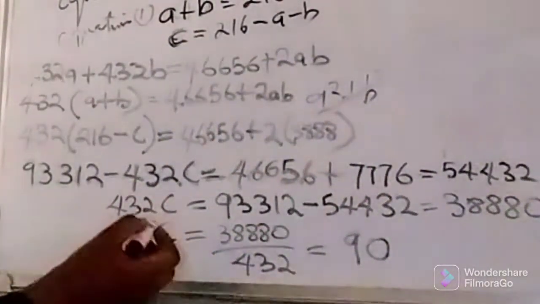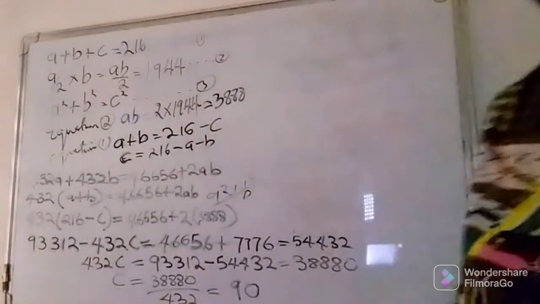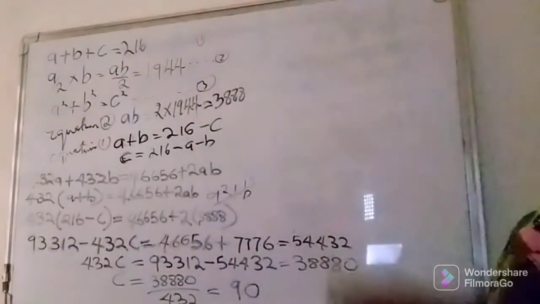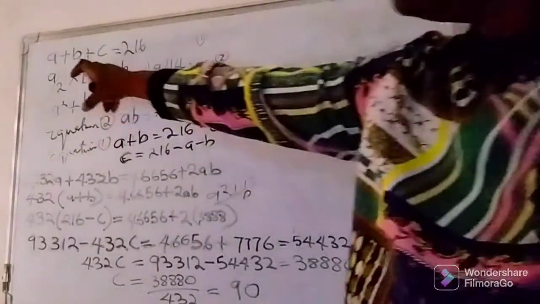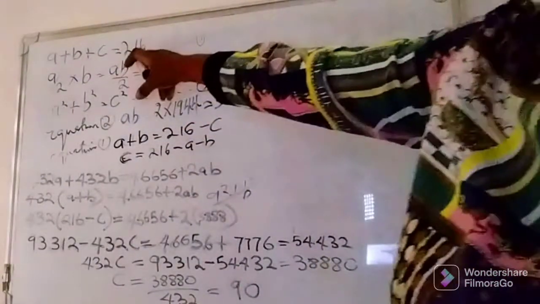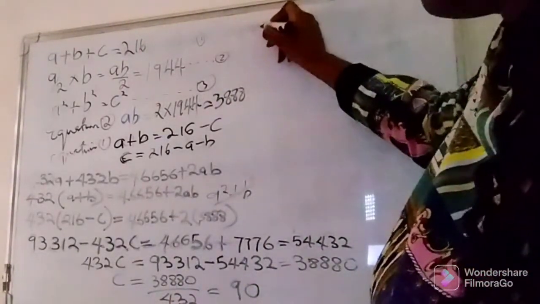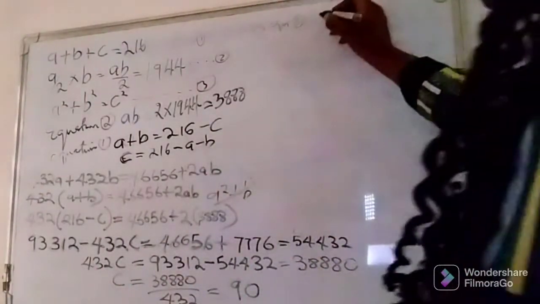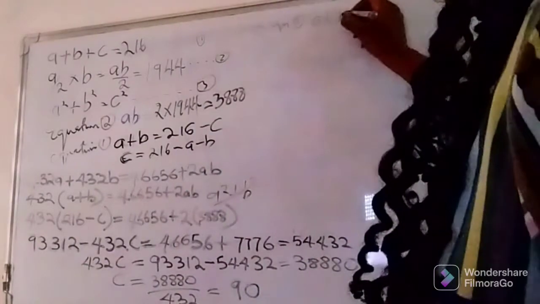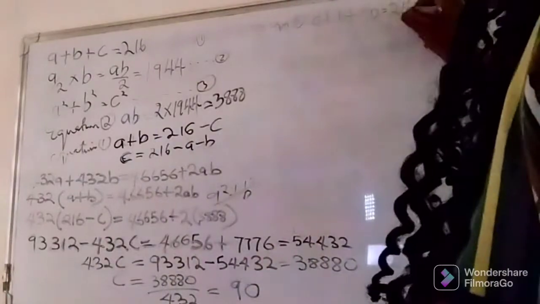So now we know that the value of C is 90. So we're going to substitute that into the formal equation. Remember, we also have A plus B plus C equal to 216. So we say from equation 1, A plus B plus C, which is 90, is equal to 216.